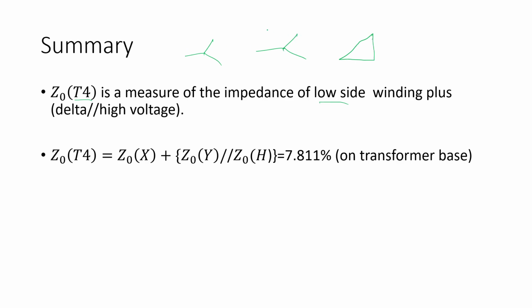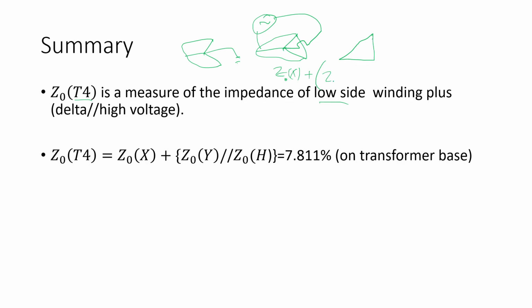So again, I'm energizing the low voltage windings, shorted. This is the neutral. And this time I'm shorting the high voltage. So you have the impedance from the X side plus these two.